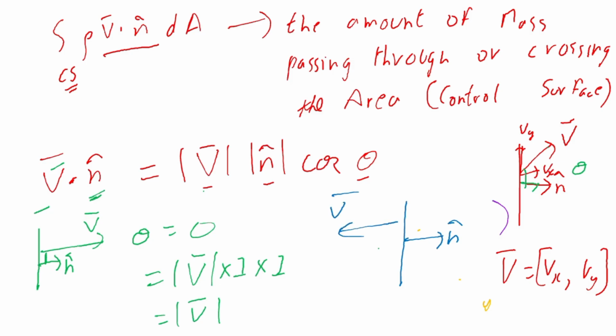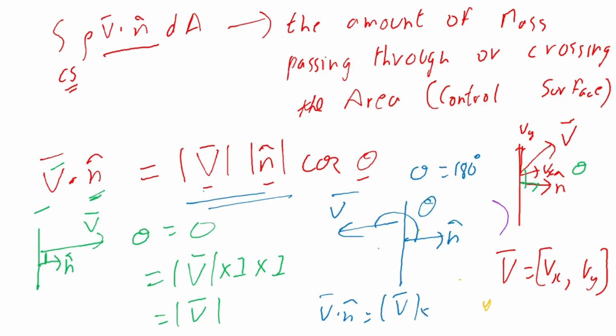In this case, theta is 180 degrees. If you substitute into this expression, v dot n becomes the magnitude of v, the unit vector is 1, and cosine 180 is minus 1. So all it becomes is minus the velocity magnitude.